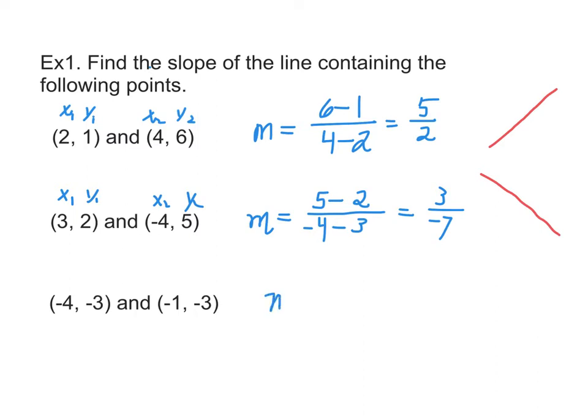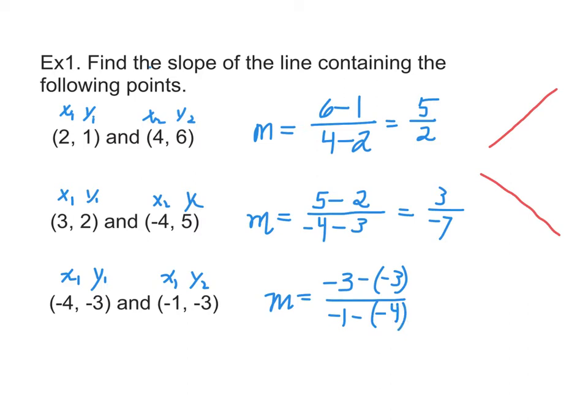Okay, the last one to practice, let's do x1, y1, x2, y2. So our formula is y2 minus y1 all over x2 minus x1. Lots and lots of negatives.